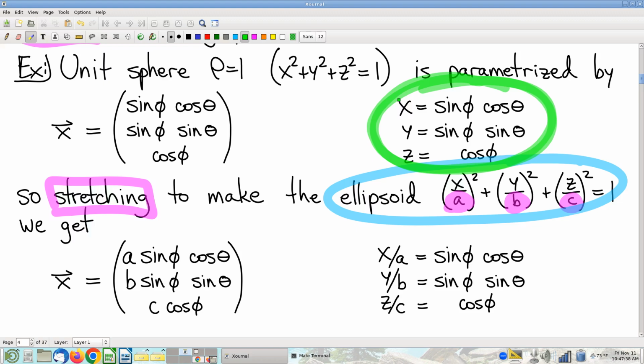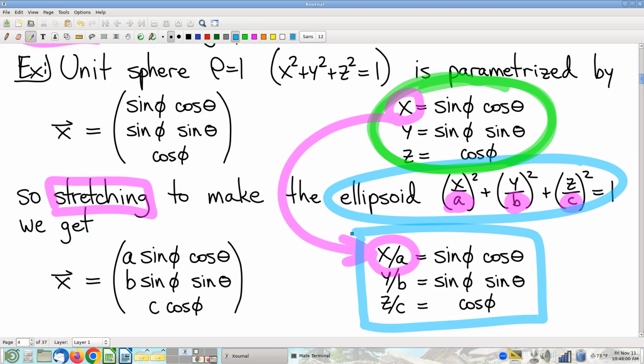We have this rule, and you can see it in action right here. Everywhere you had an x, you replace it with x over a, etc. So I can do that here. I can replace this x with x over a. And likewise for the y and the z. And that gives me this set of equations.